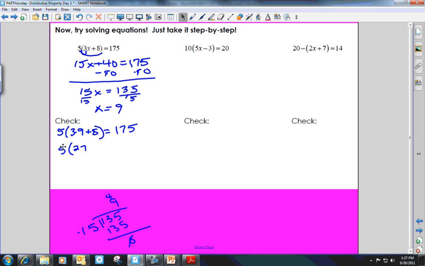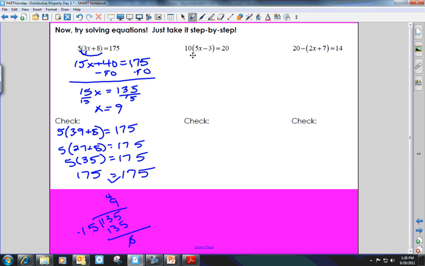Sorry about that, my Bluetooth lost connection. Okay, 27 plus 8 equals 175. And then this is 35 times 5 equals 175, and we end up with 175 equals 175. And our check is complete.